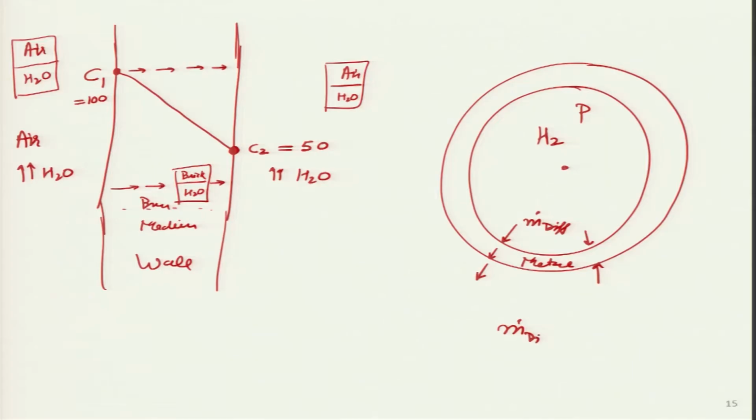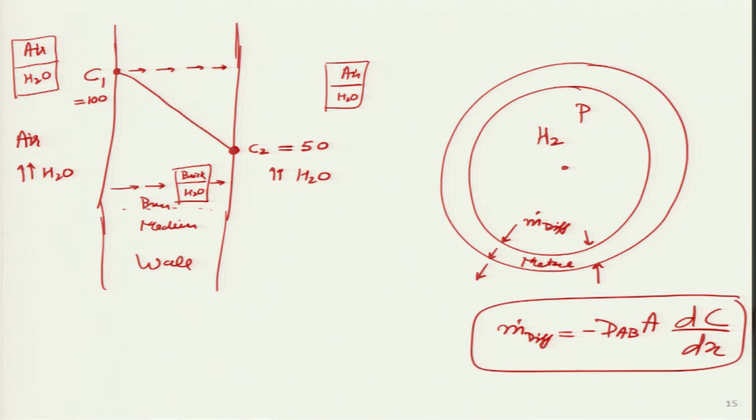Even inside metal, say iron or nickel several centimeters thick, the mass flow rate will be very small. It might turn out to be 5 or 10 grams per year, depending on the surface area of the spherical tank, the pressure inside, and the concentration of H2 at that boundary condition. But the answer comes from this expression: D_AB A dC/dx.